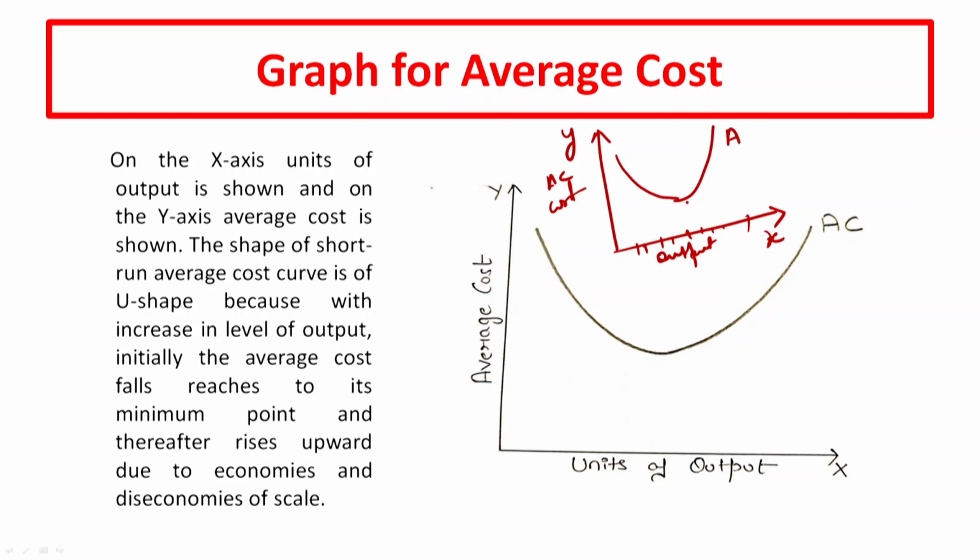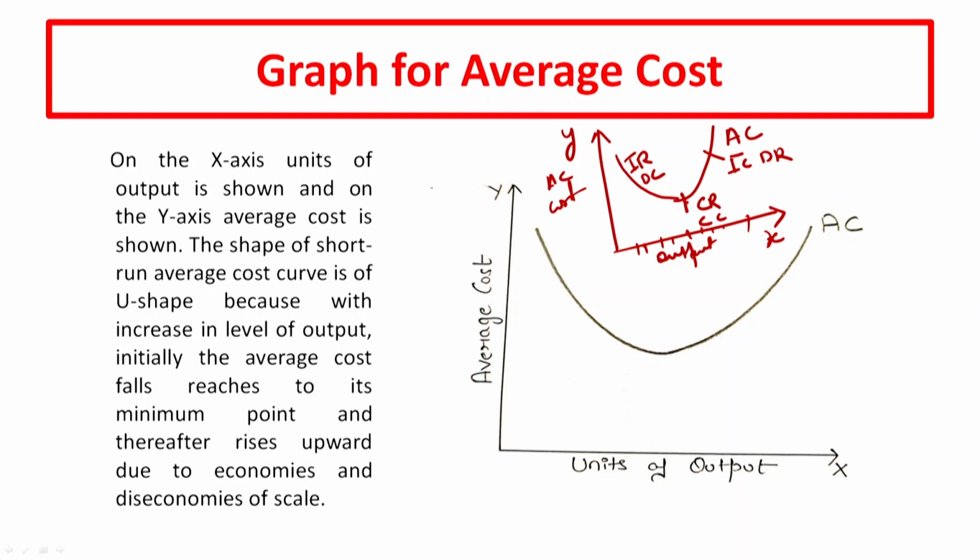So this is your average cost curve, where the decreasing part signifies increasing return, diminishing cost. This is constant return, constant cost. Thereafter, increasing cost, diminishing return. So, average cost is U-shaped in the short run.